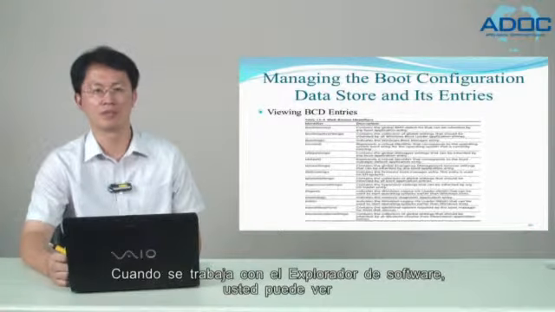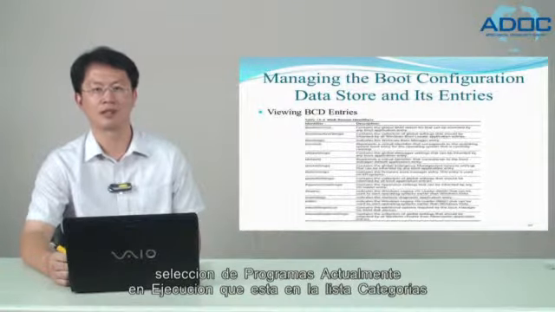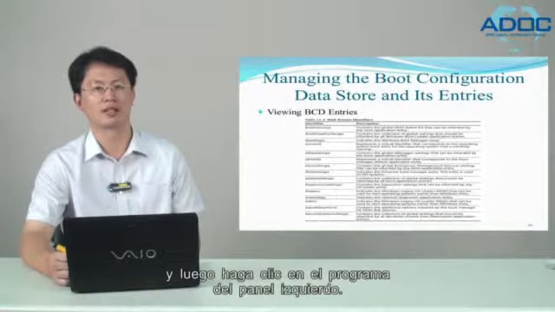When you are working with Software Explorer, you can view details about running programs' configurations by selecting Currently Running Programs in the category list, and then clicking the program in the left pane.